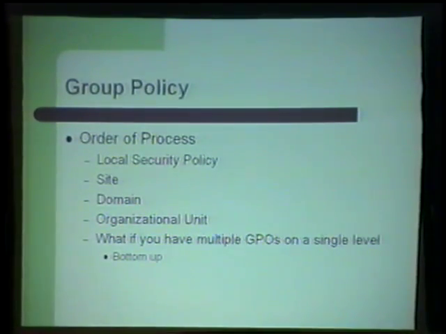The next thing done is domain, and the same step ensues. If there is anything in the domain that's different from the site, domain will take precedence. And then there's OU. OU takes the most precedence. Anything that's actually been changed in OU will take precedence over the other three.